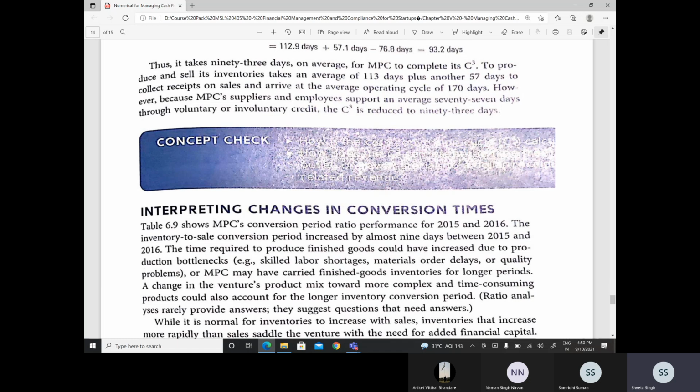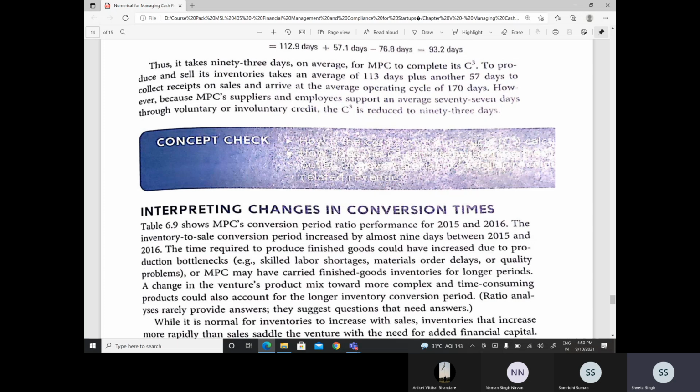One very interesting fact from real life is that when you have large companies like Reliance and all that have a lot of clout in the market, you actually find them having negative C3s, okay, because the amount of time that they take to make their product and to collect it from their customers, more credit period is allowed to them by their suppliers.